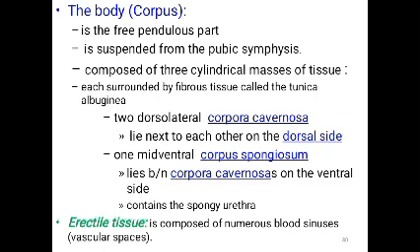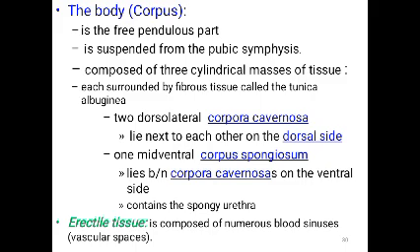The body or corpus is the free pendulous part, suspended from the pubic symphysis. It is composed of three cylindrical masses of tissue, each surrounded by fibrous tissue called the tunica albuginea.